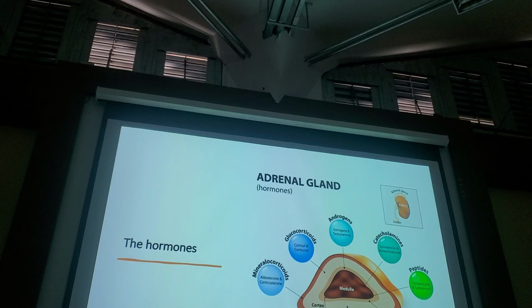Fasciculata, and then the reticularis is the inside piece of bread, and then you have the medulla in the middle. And the glomerulosa produces the mineralocorticoids, the fasciculata, the glucocorticoids, and the reticularis, the androgens. Another way of remembering, you guys already know the mnemonic. And on the very, very inside, you have the catecholamines and the peptides.